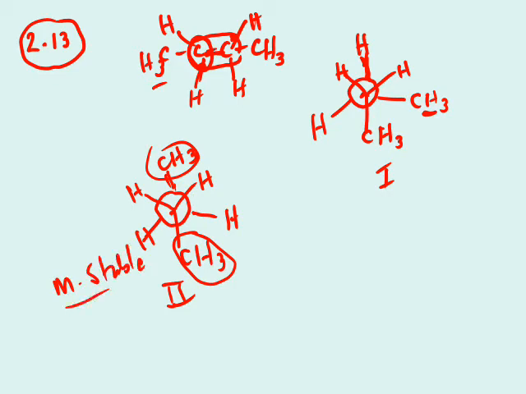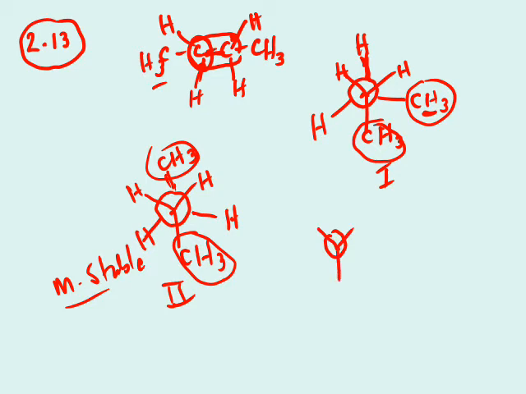Now why is this most stable? Because the two big groups, methyl is a fairly big group, are farthest away from each other. Whereas in structure 1, even though it's also staggered, the two methyl groups are much closer to each other. So this is the most stable and this is less stable. I would not call it least stable. To be least stable, it has to be one of the eclipsed conformations. You remember the eclipsed? Let me redraw one of those. Front carbon, back carbon.